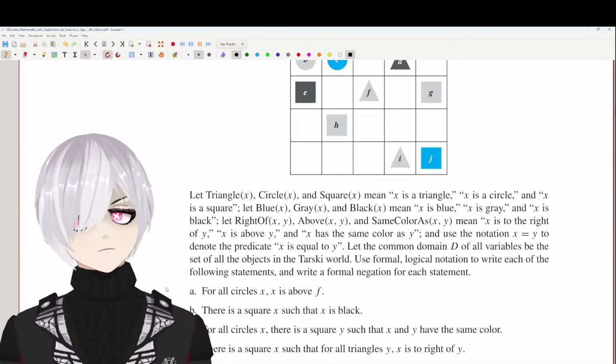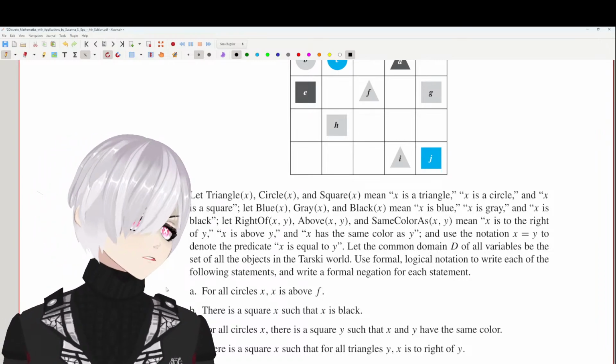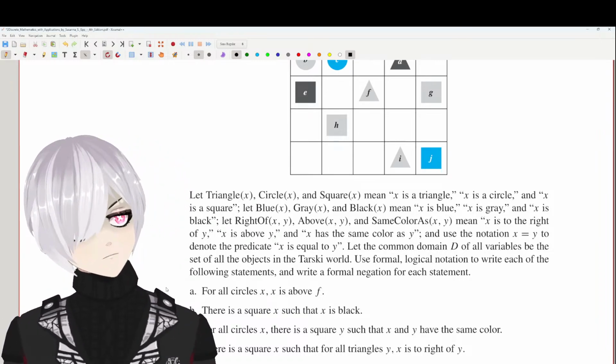Okie doke. Let's see here. So, for all circles x, x is above f.